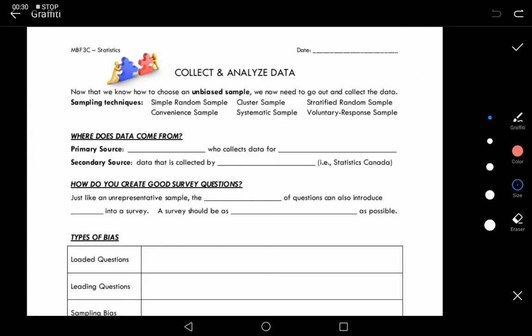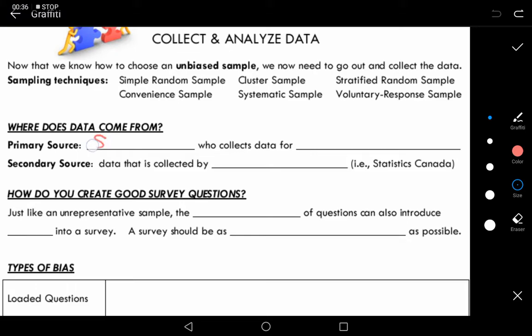So where does data come from? The primary source is someone who collects data for their own use. Or a secondary source would be data that is collected by someone else.